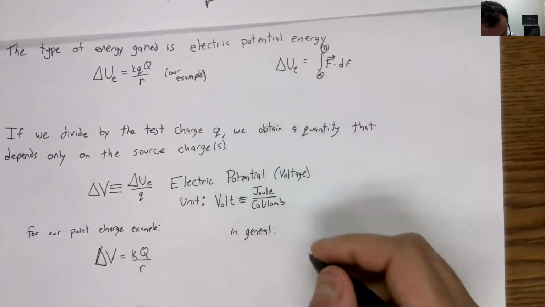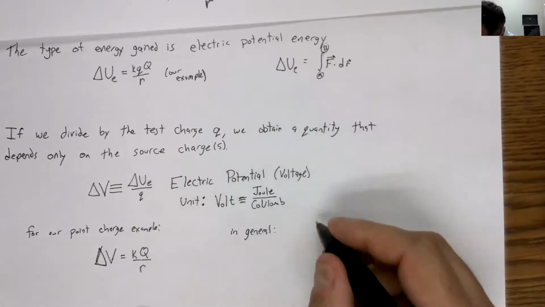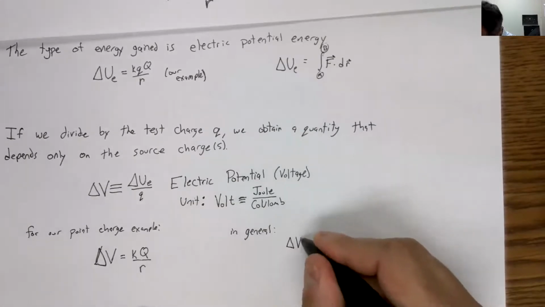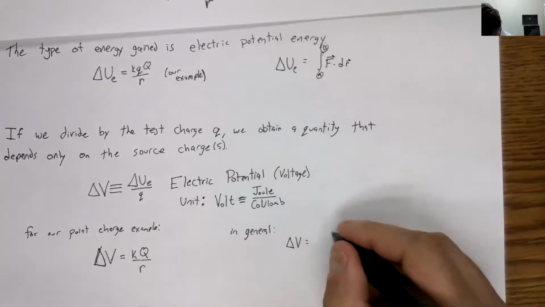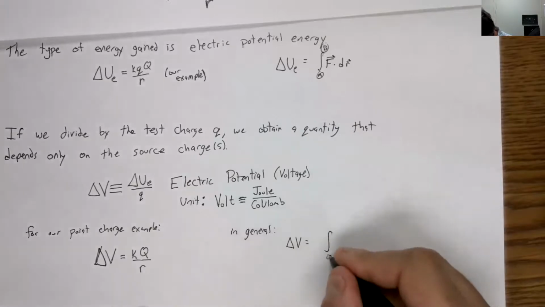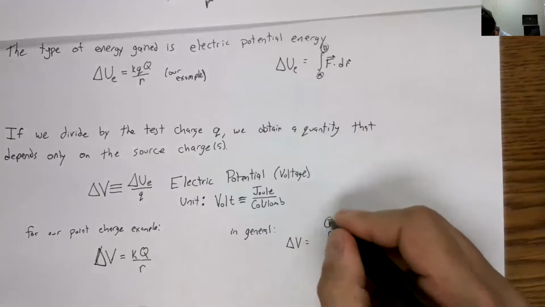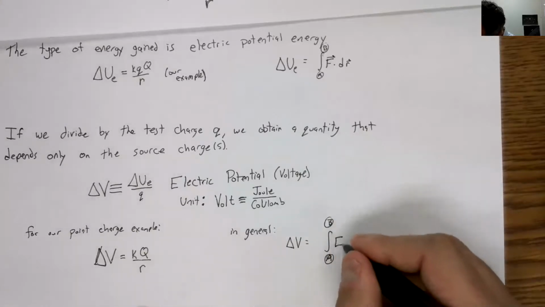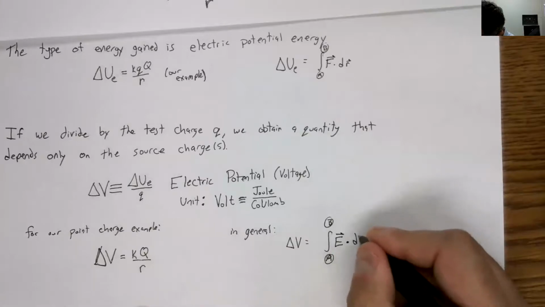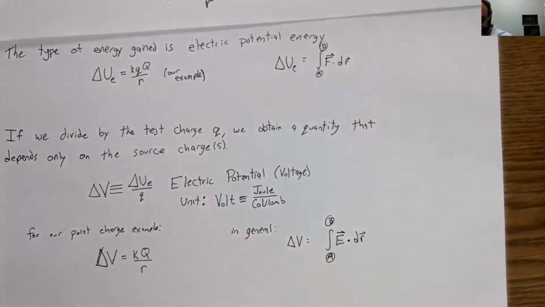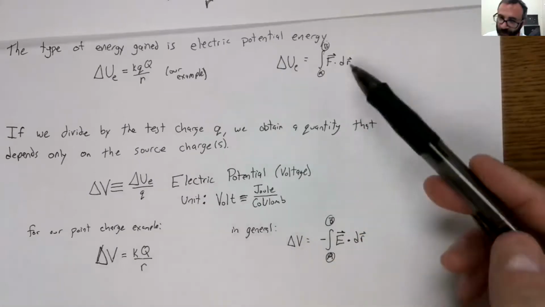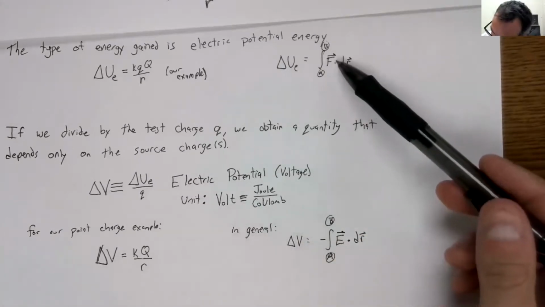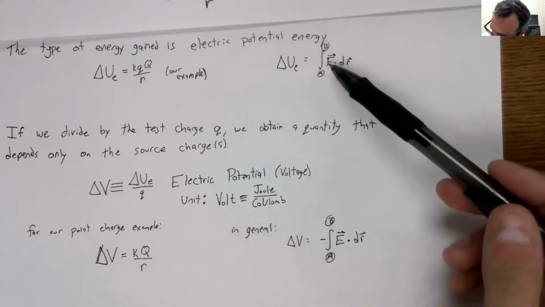So in general, my potential is going to be, I'm going to need a negative sign, from my first point to my second point, point A to point B, the electric field times your dr. I have to put the negative sign back there, because remember, this force was the force we had to push against the electric field to do our work.